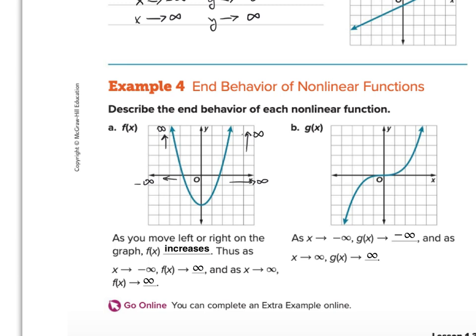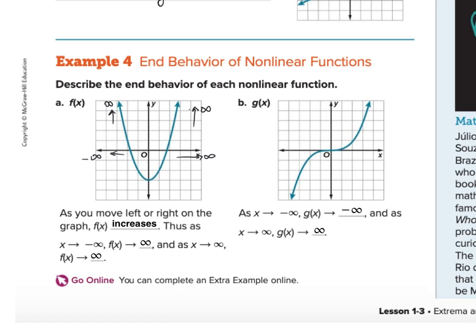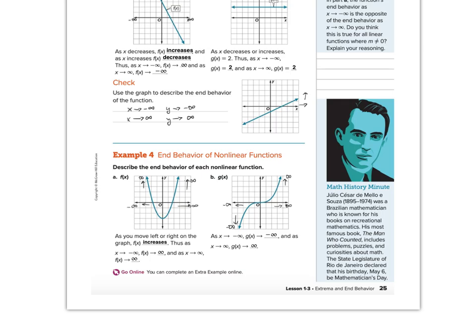So that's what we are looking at and understanding here. As x approaches infinity, y is approaching infinity. As x approaches negative infinity, y is approaching negative infinity and going downward. So there you go, looking at my end behavior.